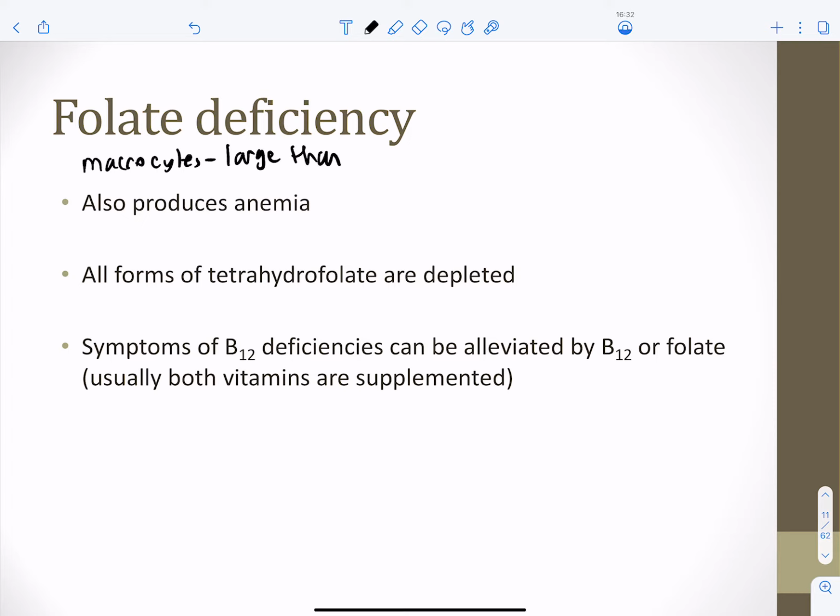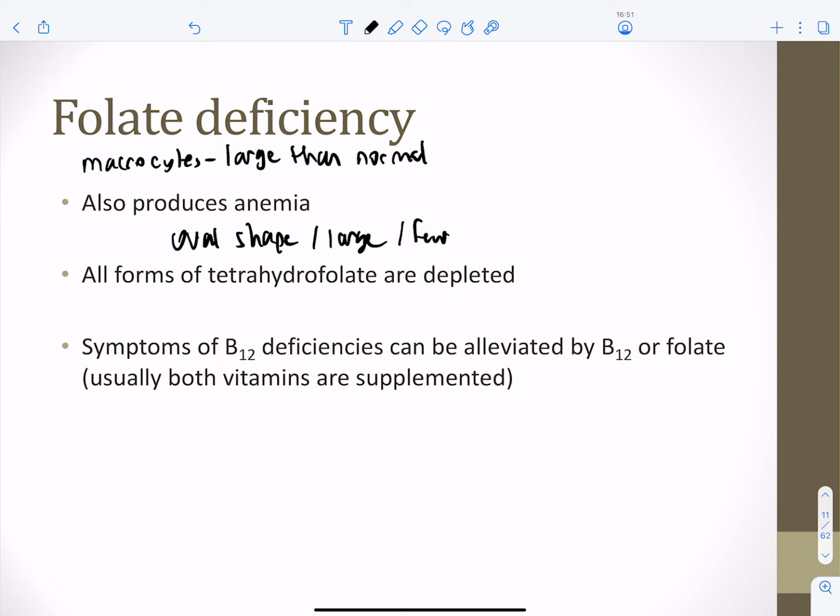It looks very similar to pernicious anemia. So you're going to have oval-shaped, large, fewer cells. They're going to get removed from the circulation faster than normal.